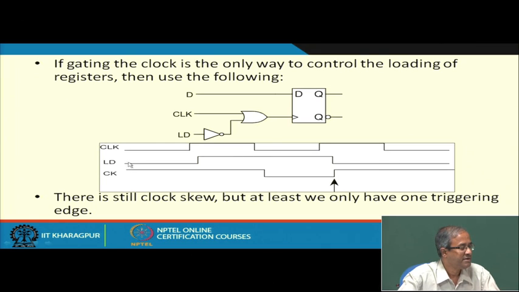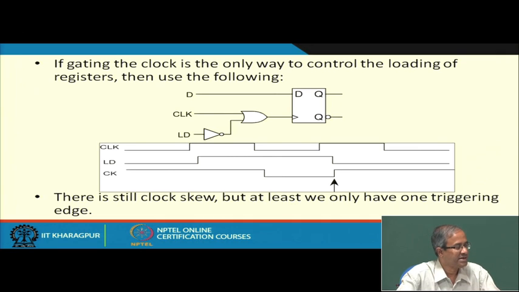So, you see, if you apply load like this, making it high when the clock is high itself, like in the previous example, and if you calculate the output of this clock, it will come like this, a single pulse. The first pulse will not come. So, there can be clock skew, but only one triggering edge per load pulse. So, at least here also we have solved it.